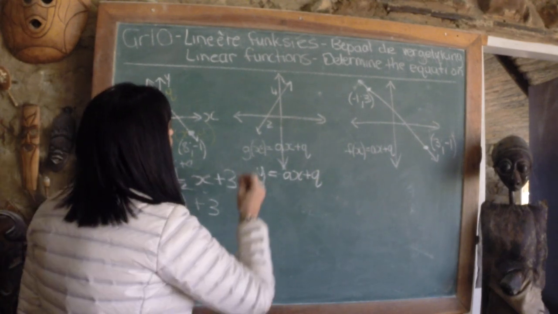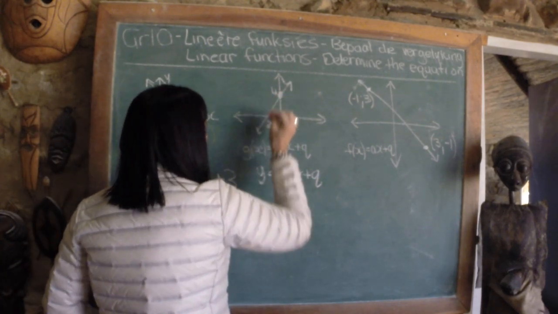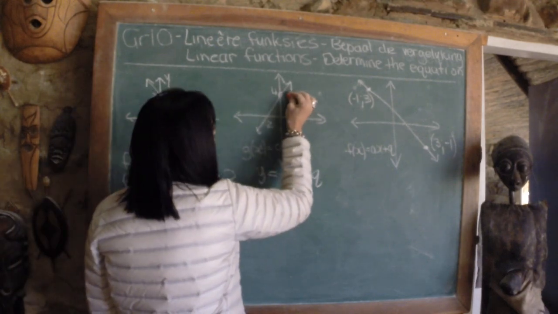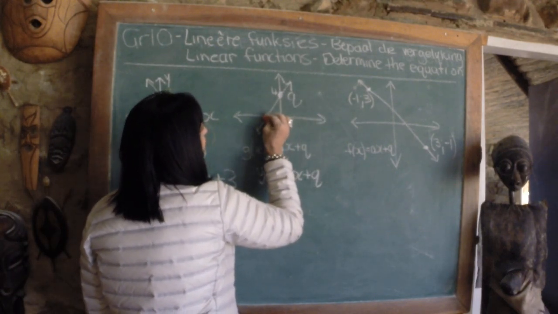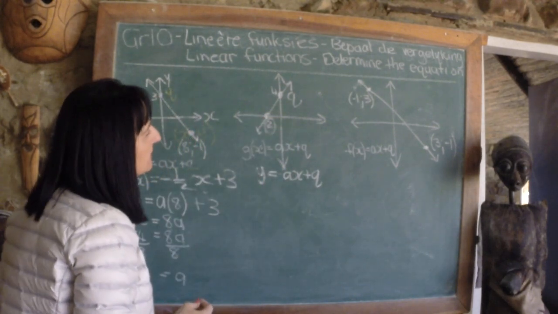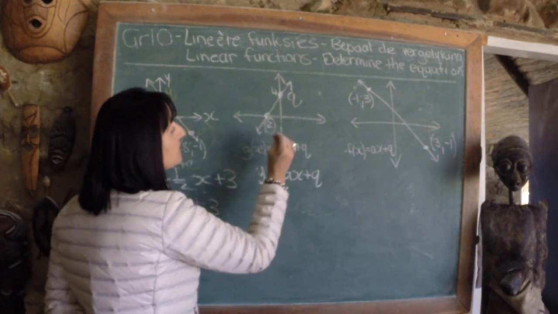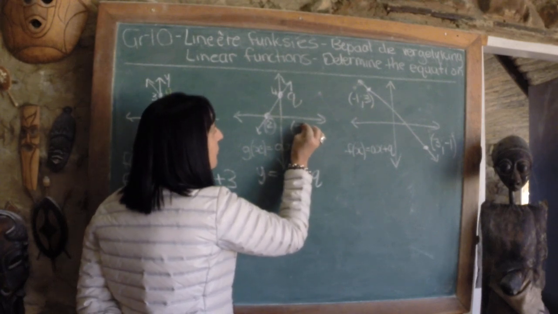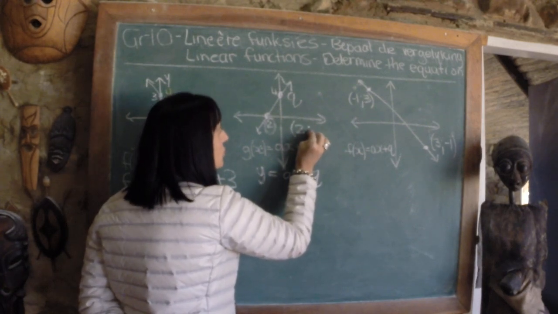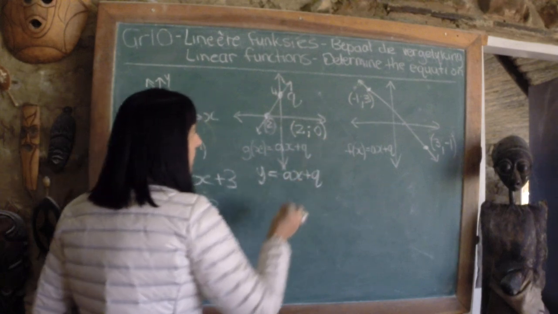Kyk, I've got the q value. Daarso het ek vir q, en hierso het ek ook my x-afsnit, the x-intercept. So I can write my x-intercept as a coordinate, and the coordinate equals (2, 0). So wat het ek?